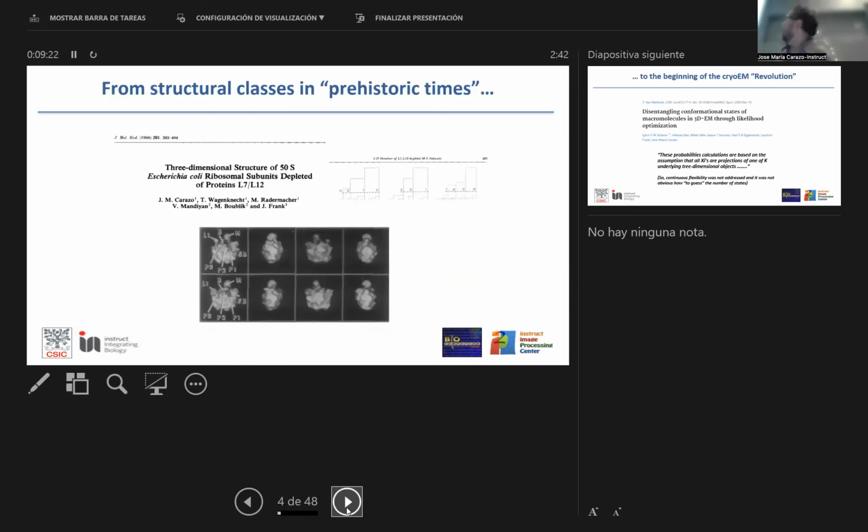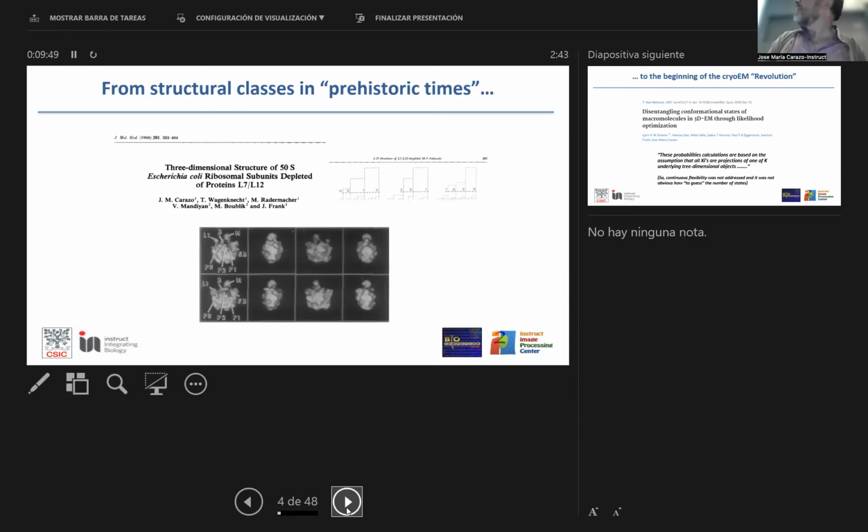So, from the images we could get different structural states. That is something that we knew from a long time, almost historic time, and this is one of the first times that we did it, doing simple image processing, and then with these images making classification and reconstruction of a ribosome.